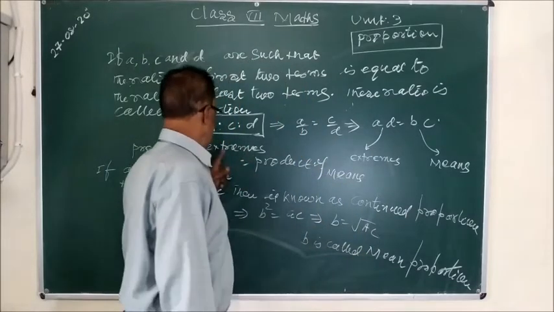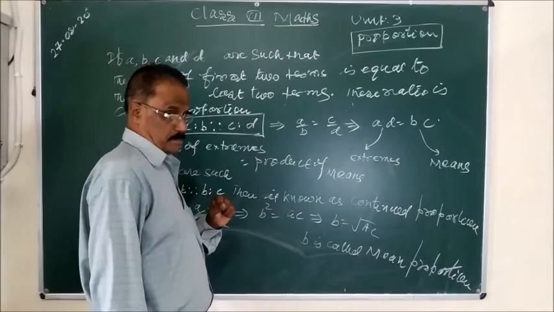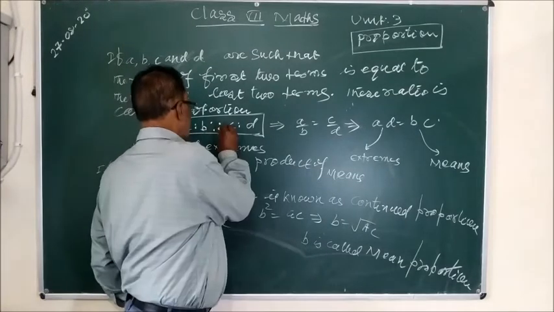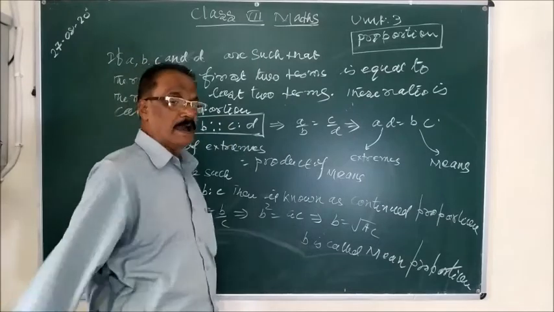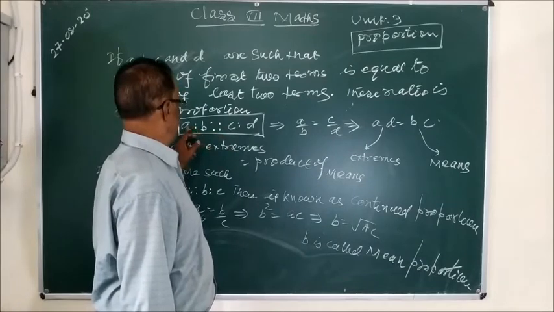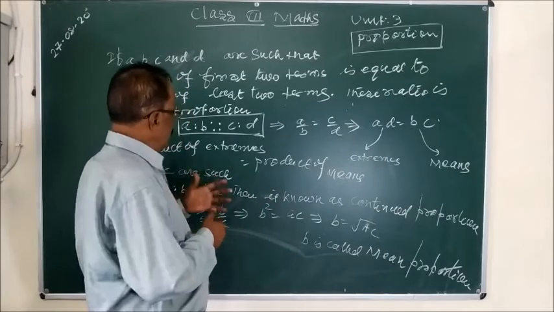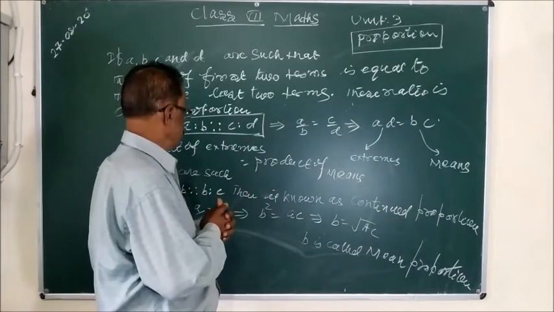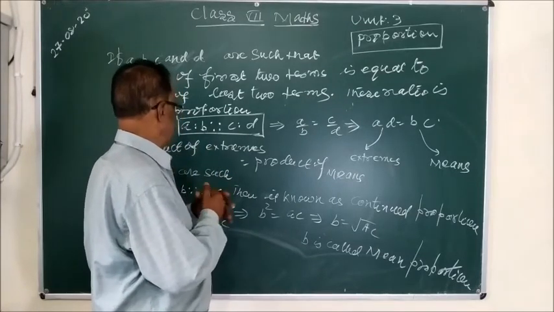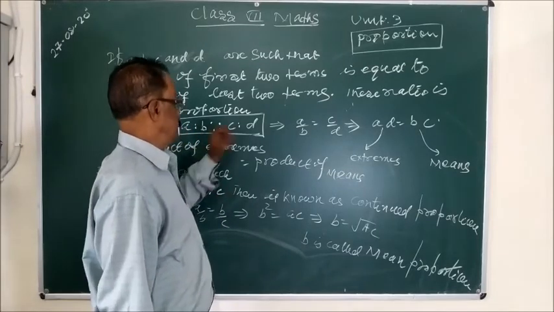And it is read like this: A is to B as C is to D. I repeat, A is to B as, this is the symbol for as, and C is to D. You don't read it as A ratio B, that is the meaning of ratio. But whenever we read this notation on the page, we read A is to B as C is to D.